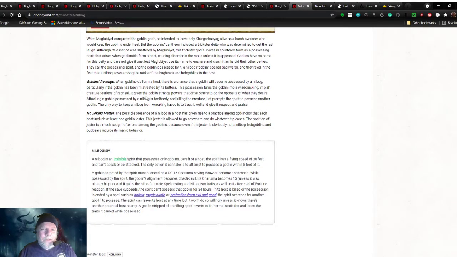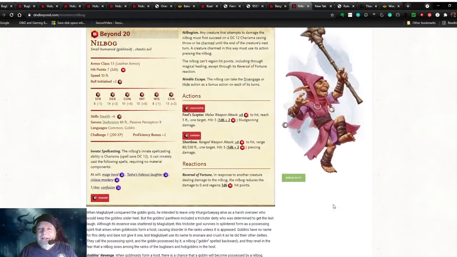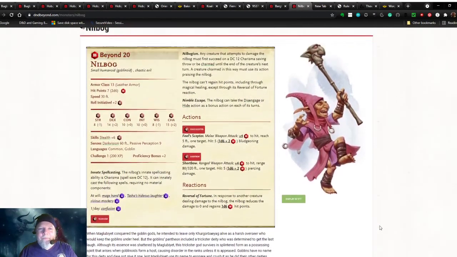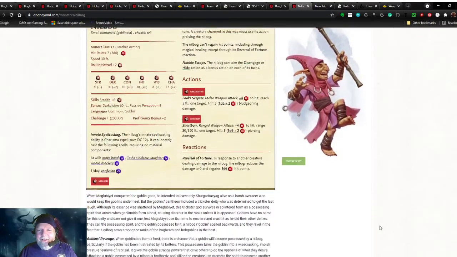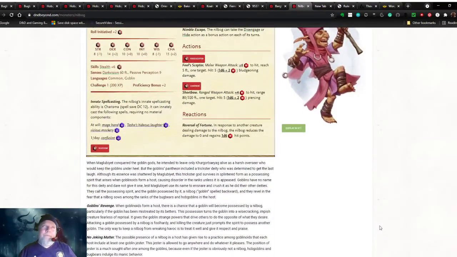And so basically what this Nilbog does is it goes around playing pranks and making jokes of the higher ups within the society of goblins, and yet the bugbears and the hobgoblins are terrified of Nilbogs because they believe that if they don't show respect to it, Maglubiet will punish them, and that they will be utterly destroyed.